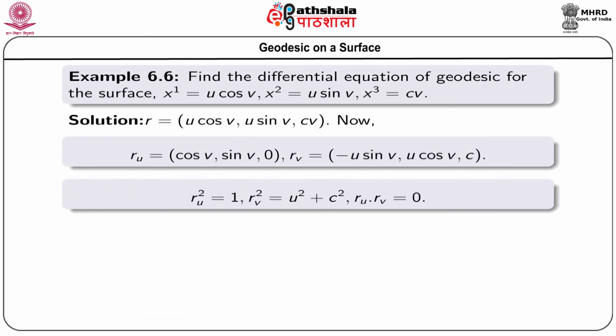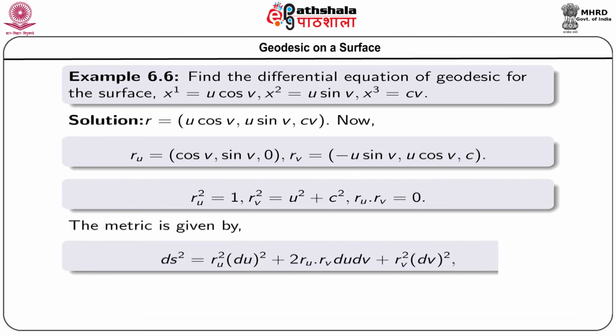So, r_u, that is the partial derivative of r with respect to u, is (cos v, sin v, 0), and r_v is (−u sin v, u cos v, c). So, r_u² is 1, that means r_u dot r_u, r_v² is u² plus c², and r_u dot r_v is equal to 0.